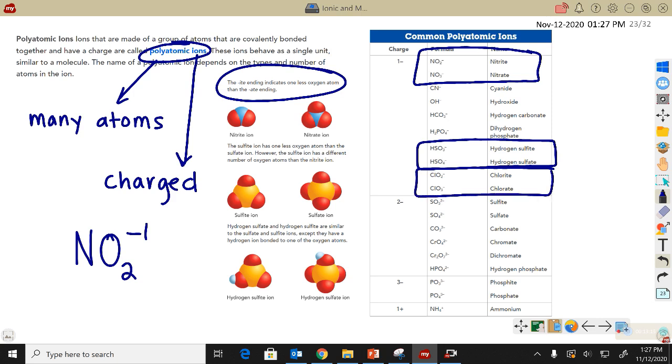The ATE is the most common version, but if you go 1 less oxygen, the ending turns to ITE. Same thing happens with sulfate and sulfite, phosphate and phosphite. The ATE is PO4, 3-. 1 less oxygen is PO3, 3-. Charge stays the same. It's just 1 less oxygen.